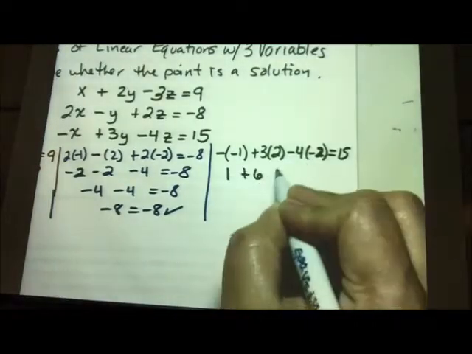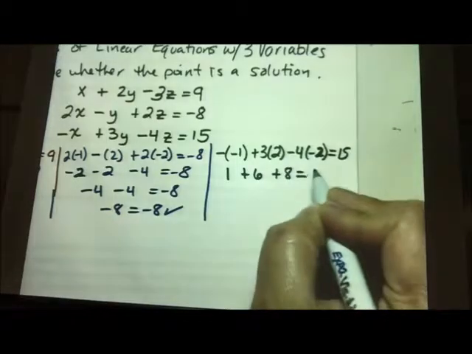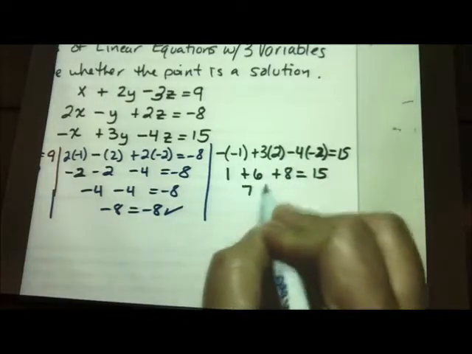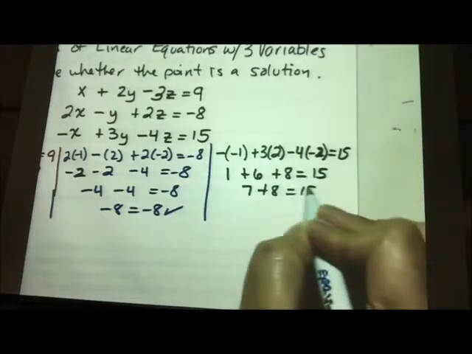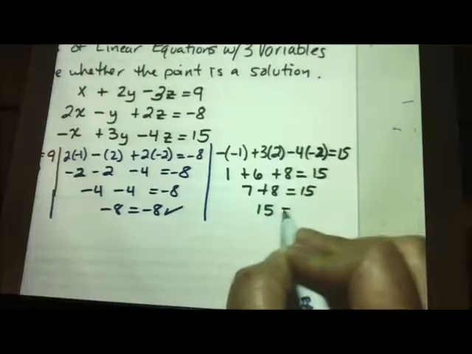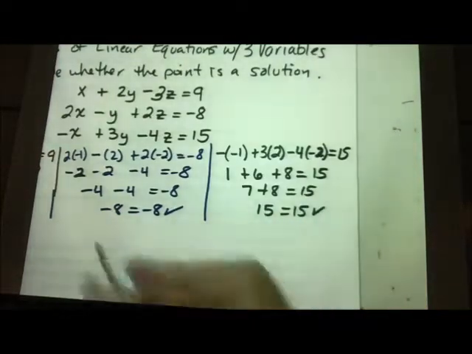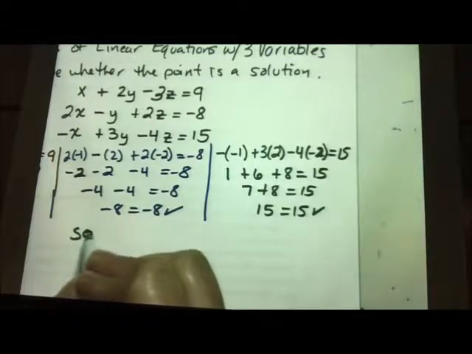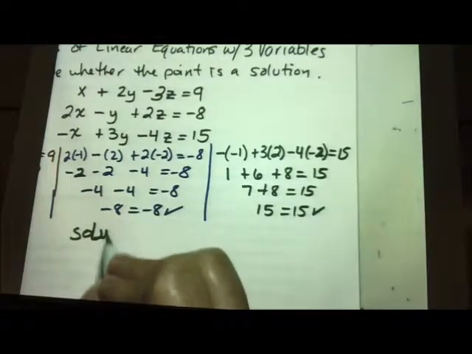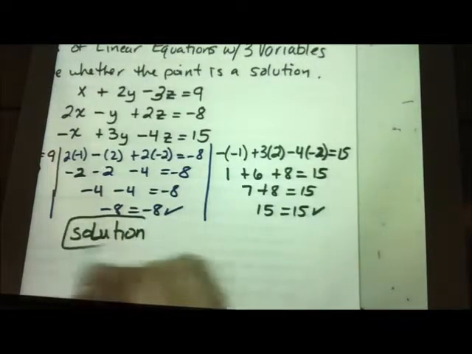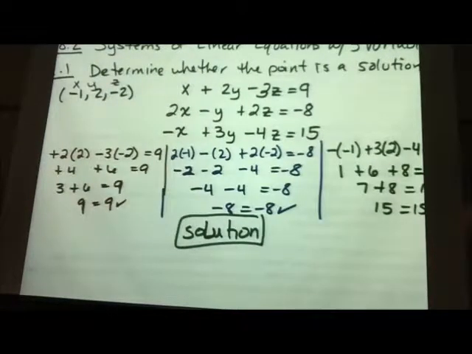That's 6. That becomes a +8 because we have two negative numbers. 7 plus 8 is 15. Is 15 equal to 15? Yes, it is. So the answer for this problem would be solution. So it would either be solution or no solution. In this case, it is a solution.